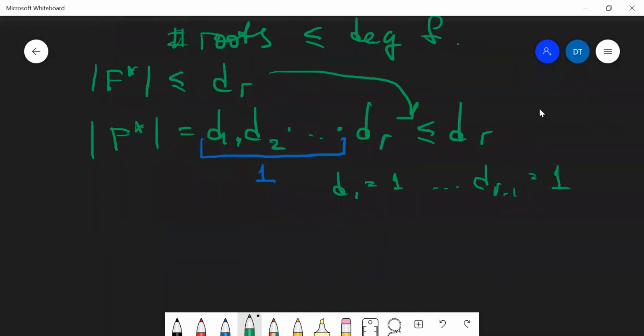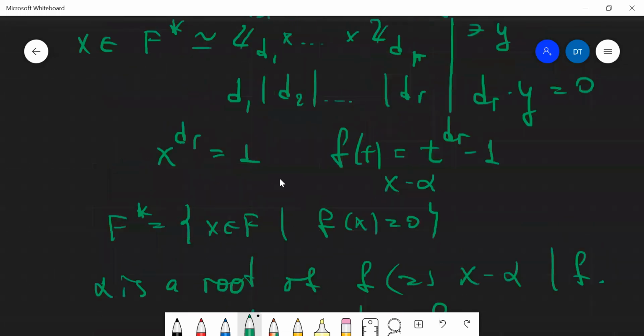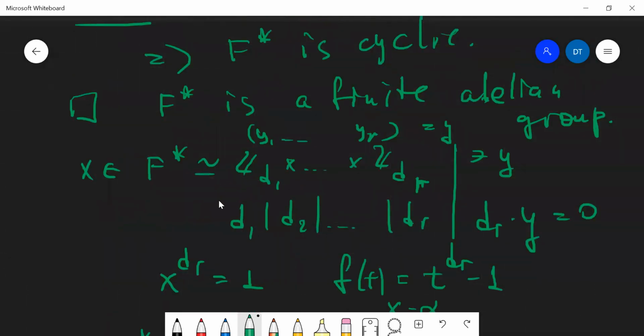But this means that there is no... So what is Z1? Z1 is just 0. You may think of this like d1 must be strictly greater than 1. Otherwise, d1 is just the zero group, so it means that there are no factors here.